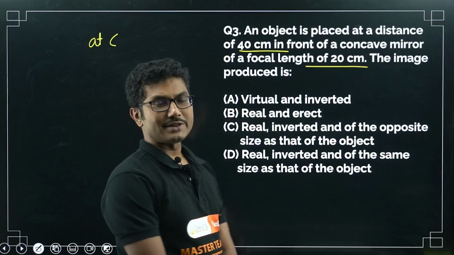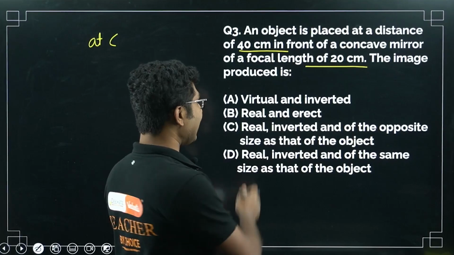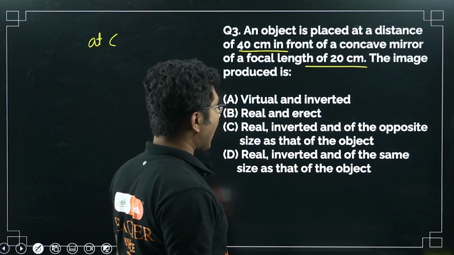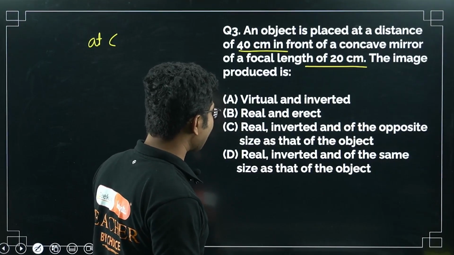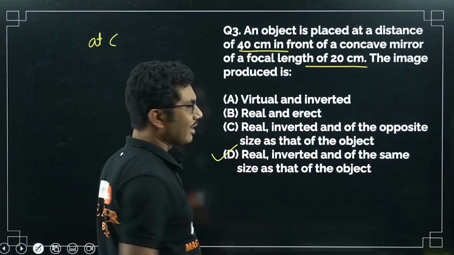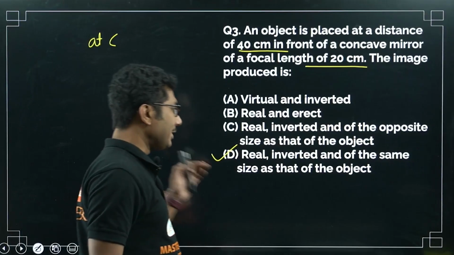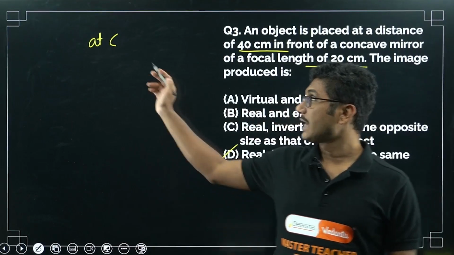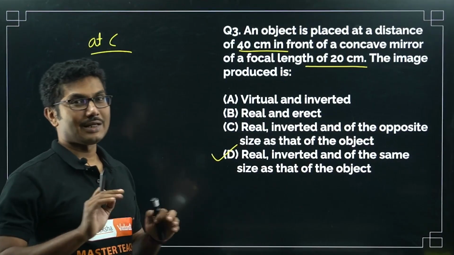No, for a concave mirror it has to be real and inverted, and of the same size as that of the object. So at C the image is real, inverted and of the same size.